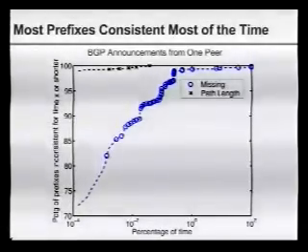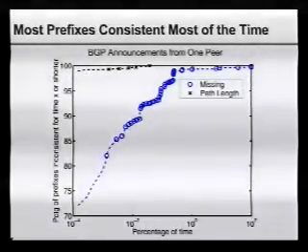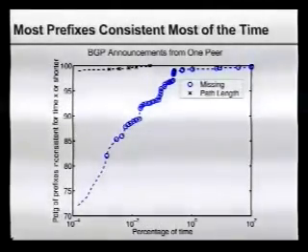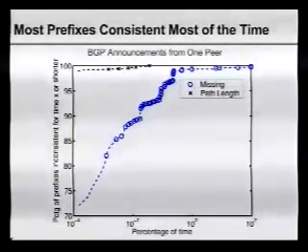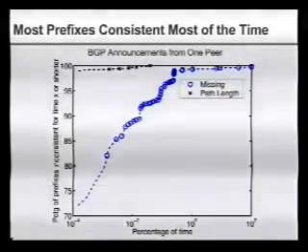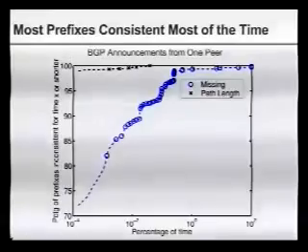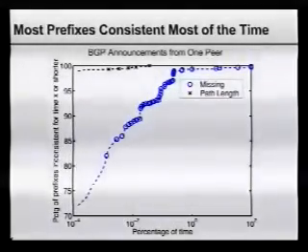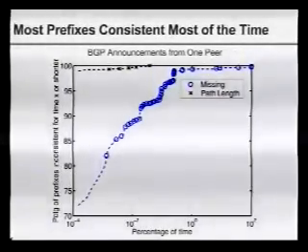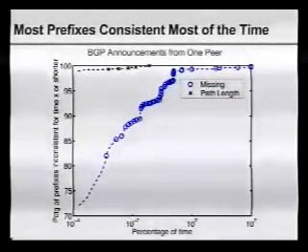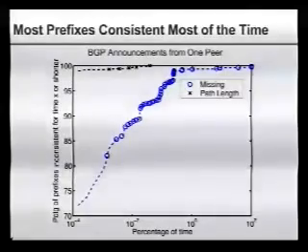So if we read up from, for example, 10 to the minus 2, we can see that for this peer, 85% of the BGP routes, or 85% of the prefixes, were inconsistent for less than a minute during the entire week, in the sense that they weren't being advertised at all peering points. That's what missing means in this case.